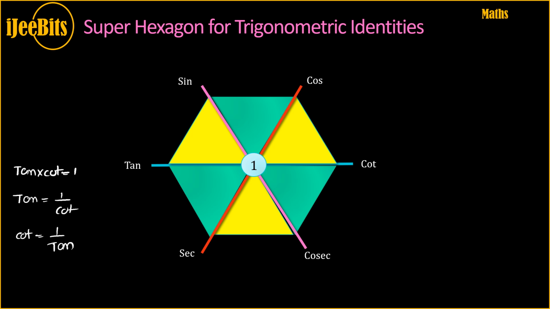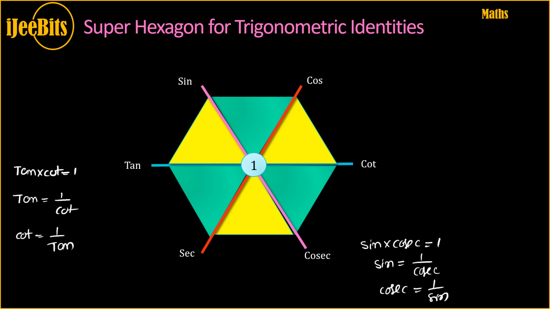Let's look at the sine values. Sine multiplied by cosecant is equal to 1. So sine equals 1 by cosecant or cosecant equals 1 by sine. Next, this line. Cos into secant equals 1. Cos equals 1 by secant or secant equals 1 by cos.